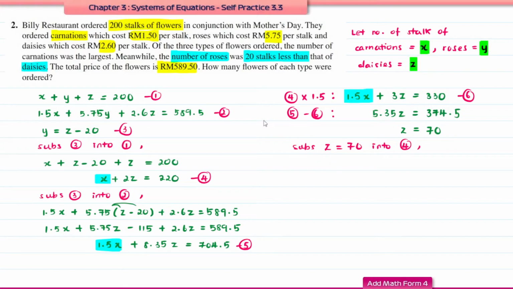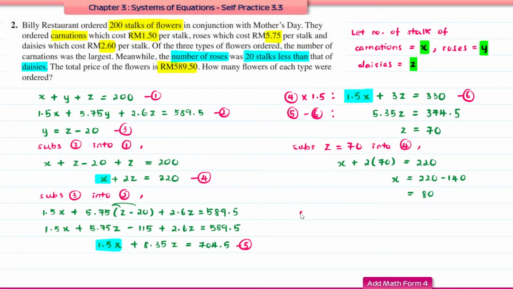So equation number 4 will be x plus 2z, and the z we're going to replace with 70, so it's equal to 220. So 2 times 70 is 140. Move it to the right hand side. You're going to have 220 minus 140. So x is equal to 80. So the number of stalks for carnation is 80.